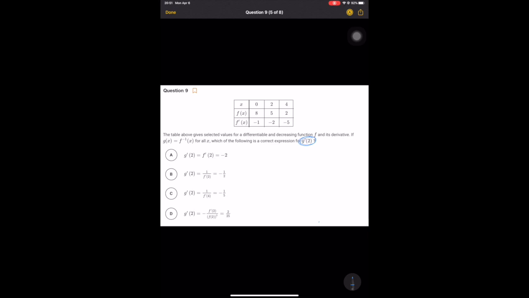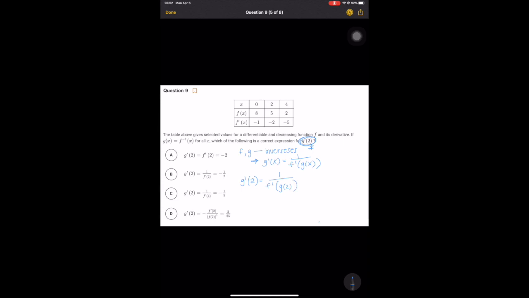So again, the property of inverses: if f and g are inverses, that means g prime of x is 1 over f prime of g of x. So g prime of 2 would be 1 over f prime of g of 2.